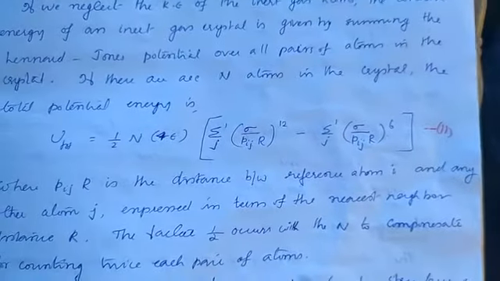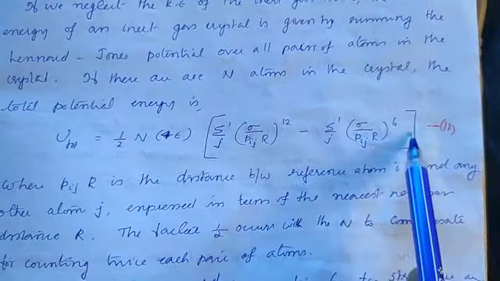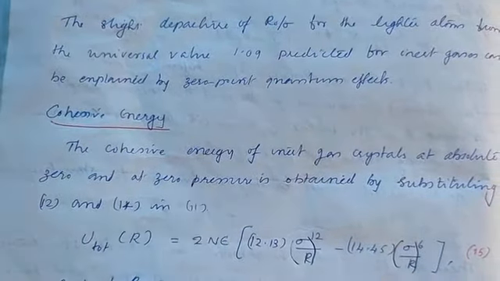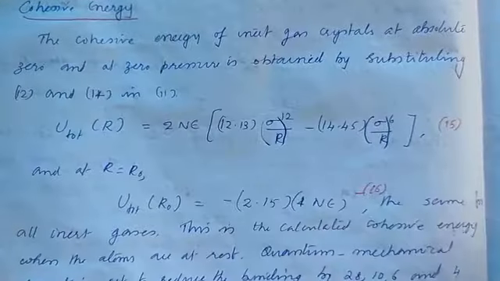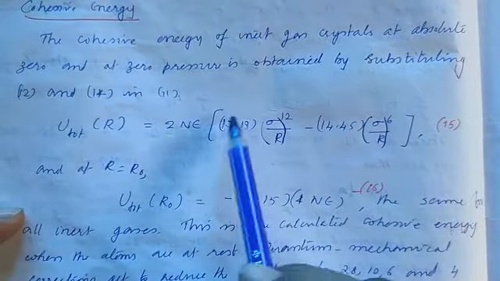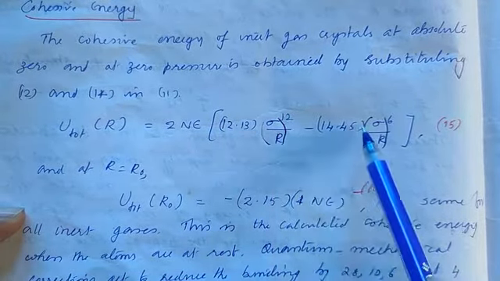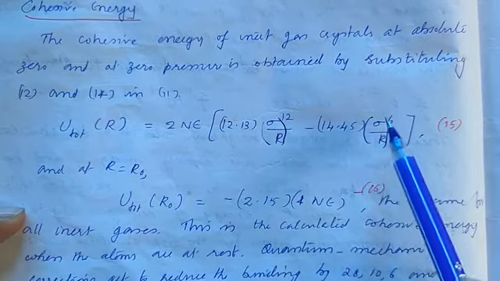Equation 11 is the total energy expression. So if we substitute these values there, we get the equation in the form 2N epsilon times 12.13 into sigma by r to the power 12, and here sigma by r to the power 6.